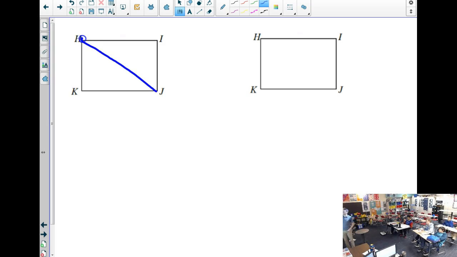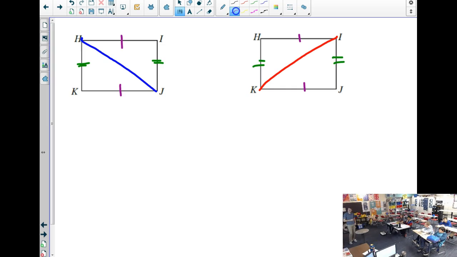So I draw that diagonal, and this diagonal. We've already defined... Oh, they're just reflections.